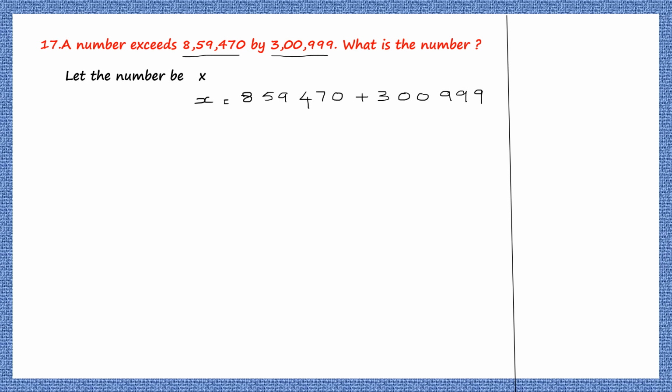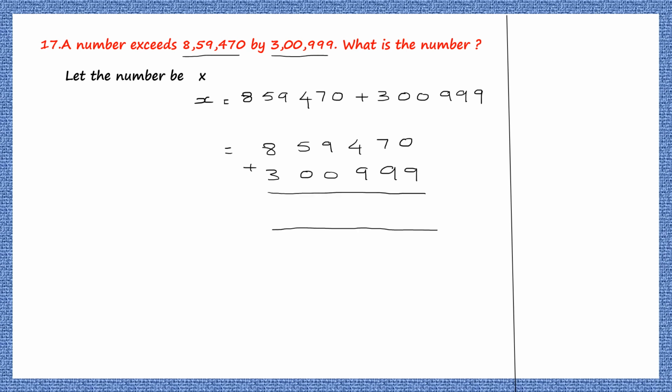So let's add up these two numbers, 8,59,470, and here we have 3,999. 0 plus 9 is 9, 7 plus 9 is 16, carry 1, 4 plus 1 is 5, 5 plus 9 is 14, carry 1, 9 plus 1 is 10, carry 1, 5 plus 1 is 6, and 8 plus 3 is 11.